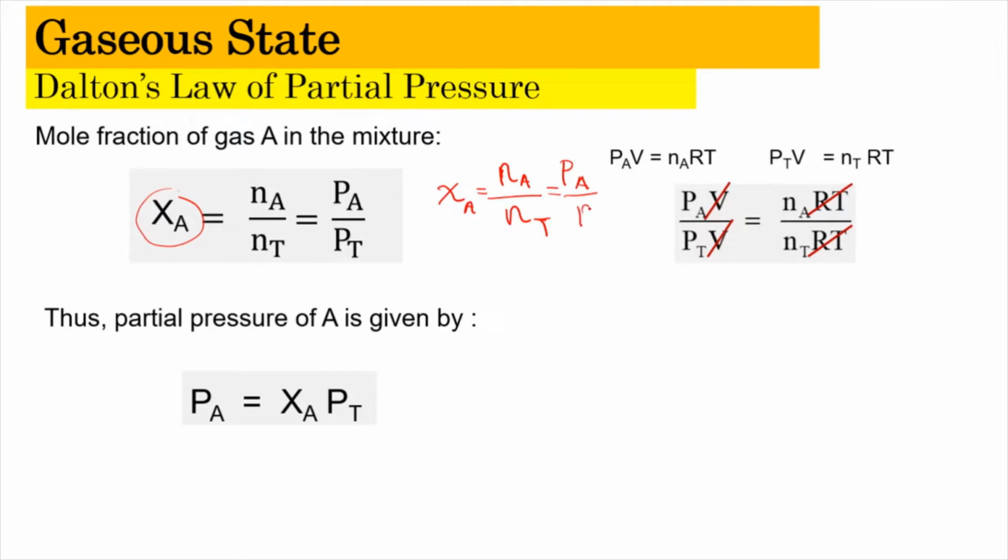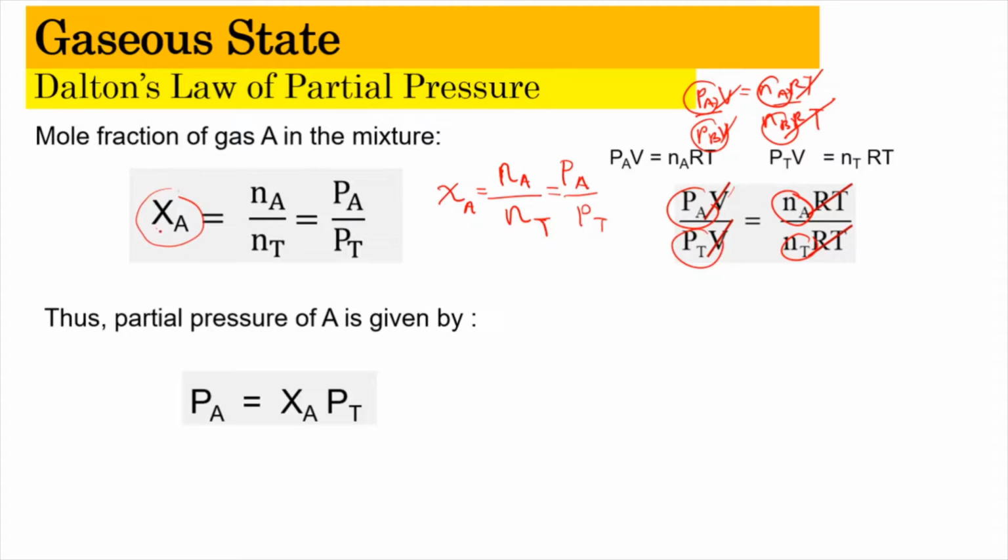So you can also use nA over nT or PA over PT because they are directly proportional when we write them together. So PA V is equal to nA RT. And then if you were to divide that with a component of PB V equals nB RT, you can see that RT and RT can be cancelled out, volume and volume of the container can be cancelled out, and therefore they are directly proportional. And that is why you can use either nA or the pressure in order to figure out the mole fraction.